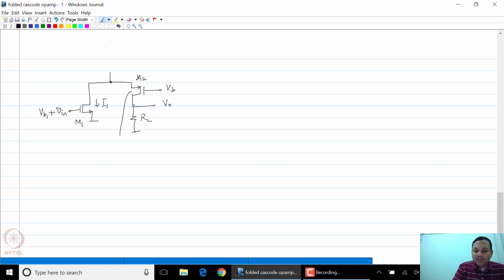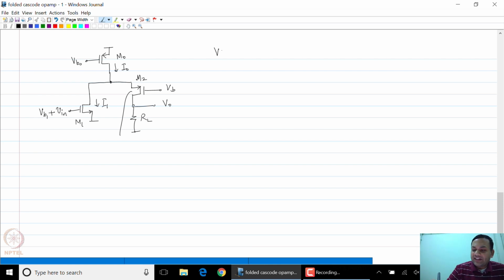This current source is a bias current from VDD flowing into this node, so that is clearly generated using a PMOS transistor. Maybe I'll call that M0, and this current is I0, and of course the gate of this current source is going to be tied to some voltage VB0.